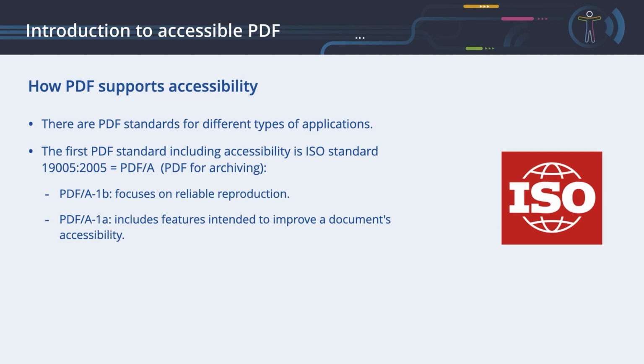Part 1 of the standard specifies 2 levels of conformance for PDF files. Level B focuses on the reliable reproduction of a document's visual appearance, while Level A conformance includes all Level B requirements in addition to features intended to improve a document's accessibility.